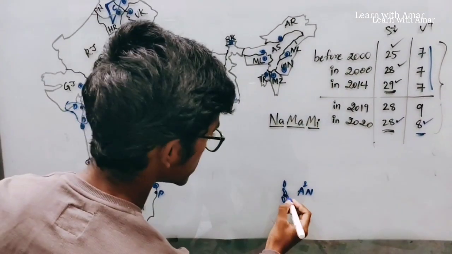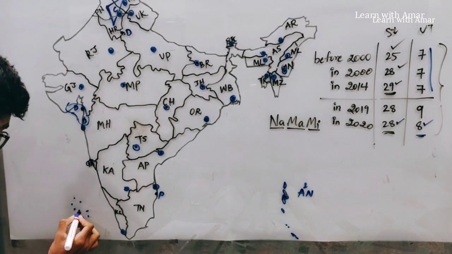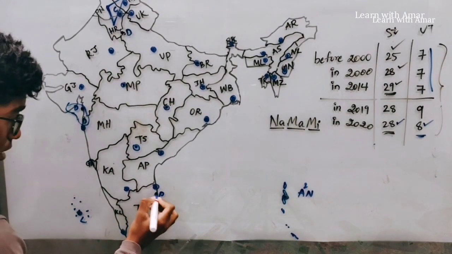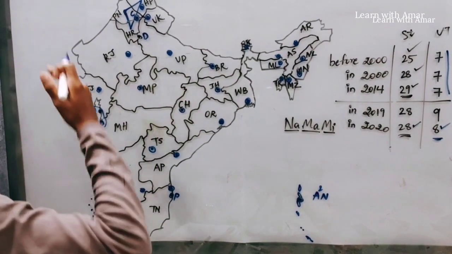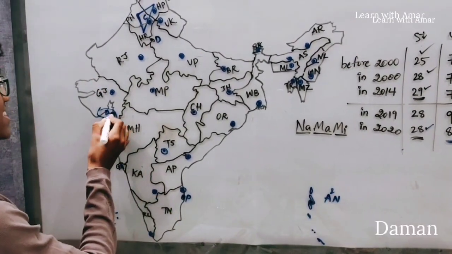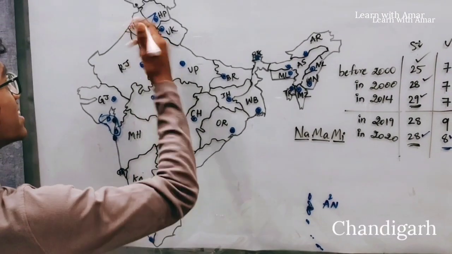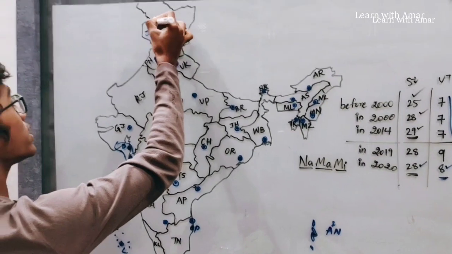8 union territories. First, Andaman and Nicobar, Port Blair, Lakshadweep, Kavaratti, here Pondicherry, Puducherry, Daman and Diu and Dadra and Nagar Haveli, it is Daman, and Chandigarh, Delhi, New Delhi, Jammu and Kashmir.